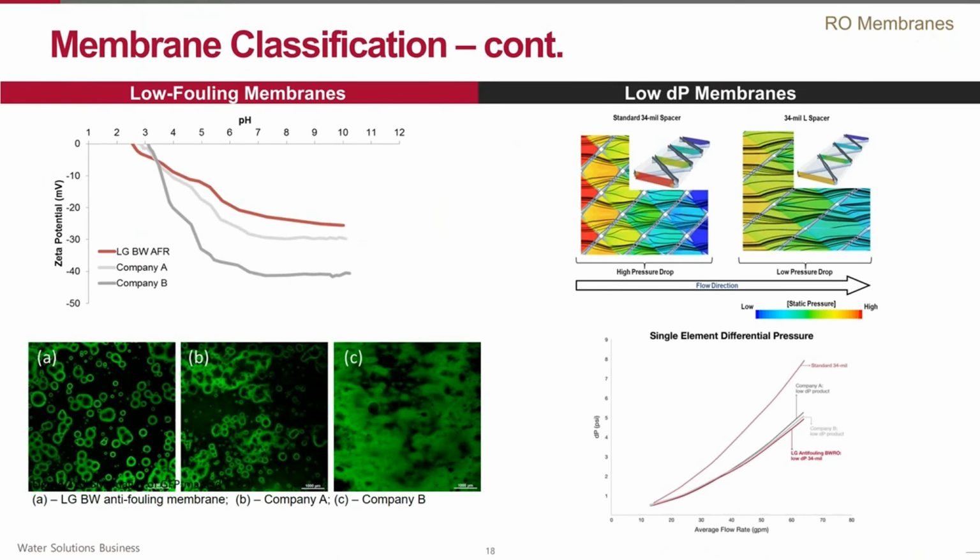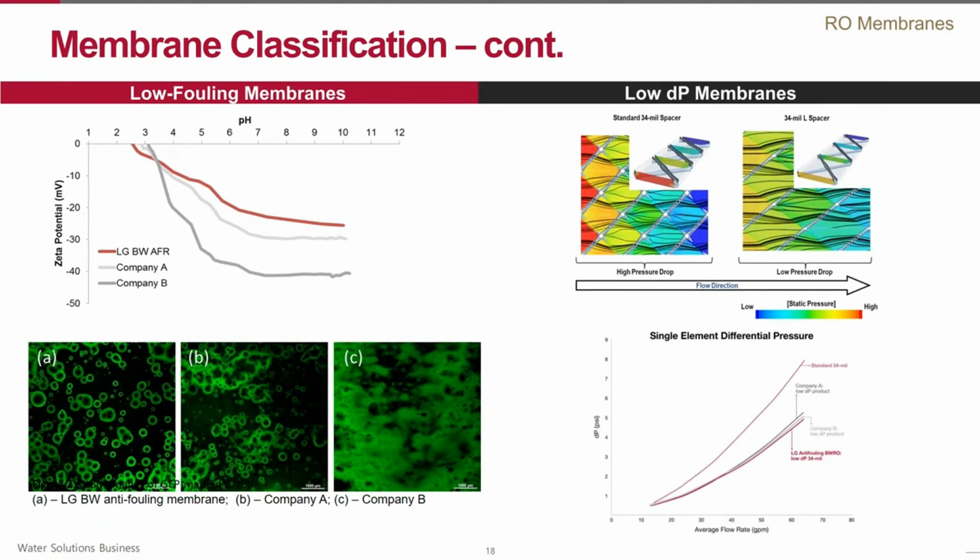Other types of membranes available on the market today are low fouling membranes and low differential pressure membranes. Low fouling membranes reduce the potential for fouling, for example, by changing the surface properties of the membrane layer or the polyamide layer.